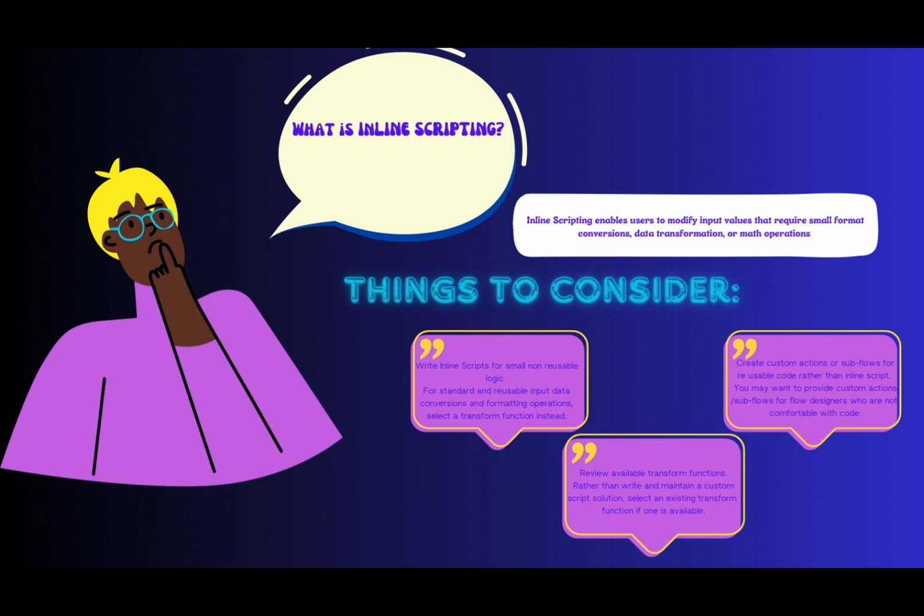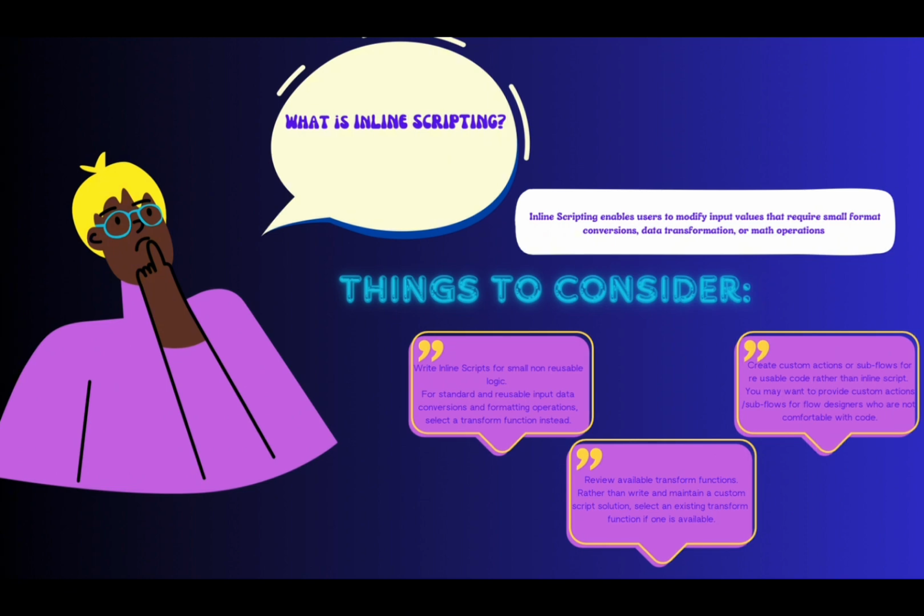Like, for example, only using inline scripting for non-reusable logic. If it's reusable, do not write an inline script. Secondly, reviewing available transform functions. So before using inline scripting, check if there are any available transform functions in the system or not.